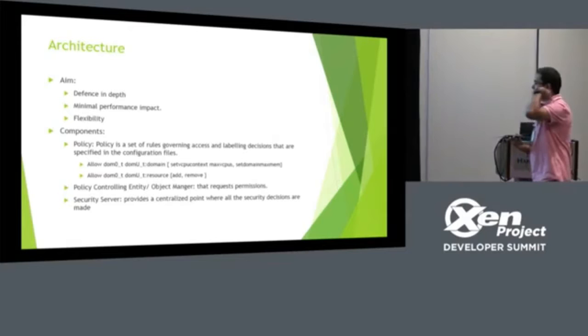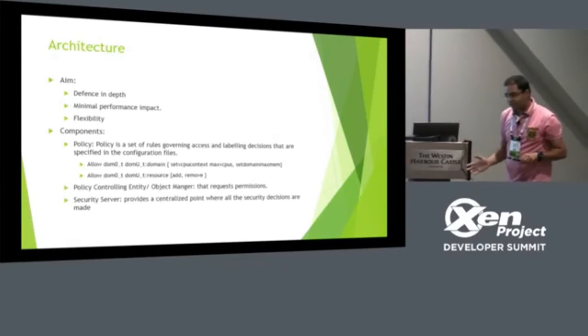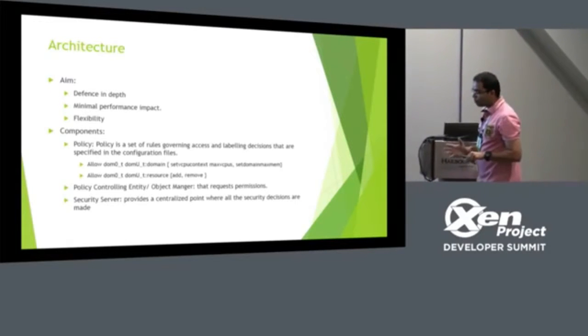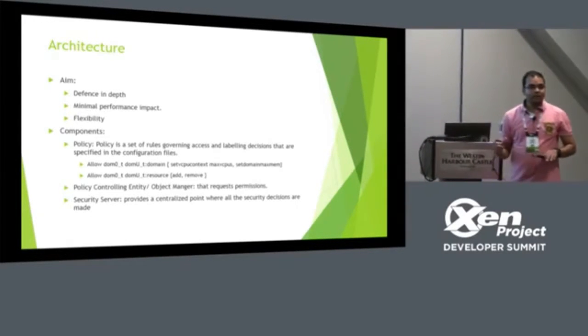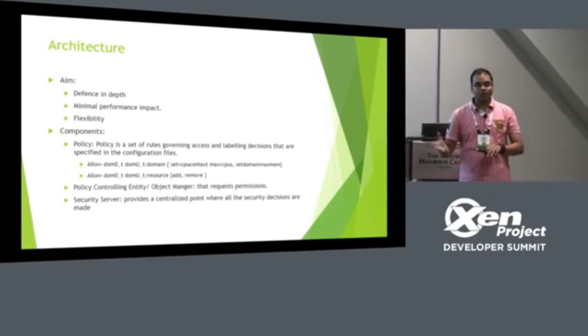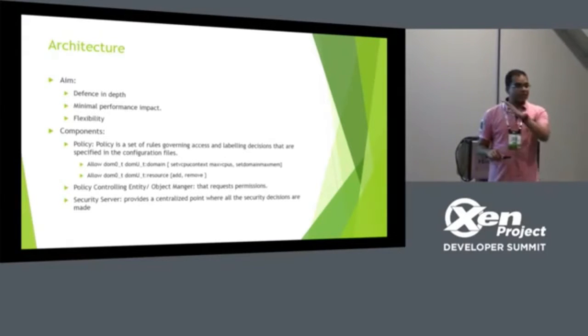I have talked about the policy controlling entity. That's a broad level that requests permission. Then a security server, it's a centralized point where all the decisions are made. The security server refers to the policy DB, which is maintained by the security server.